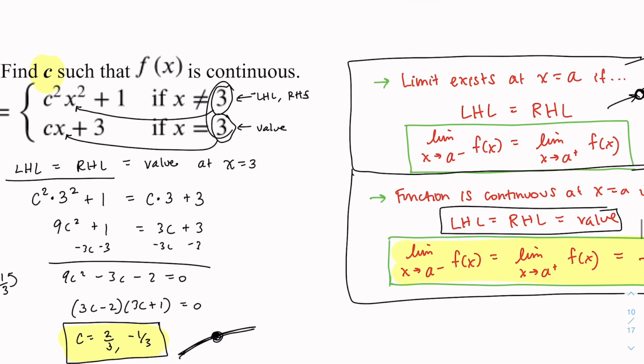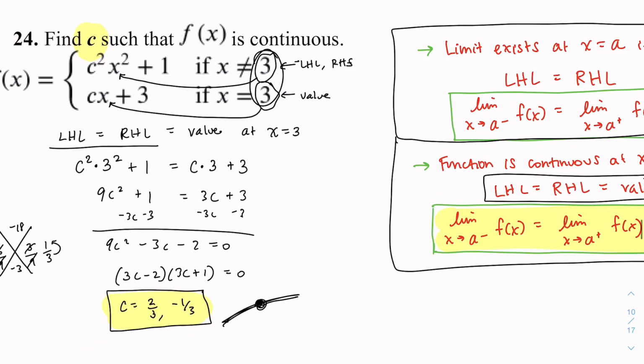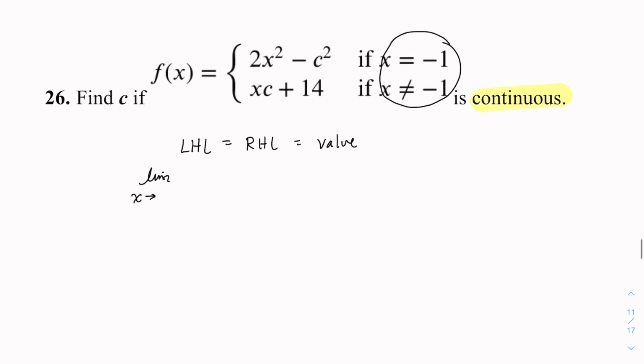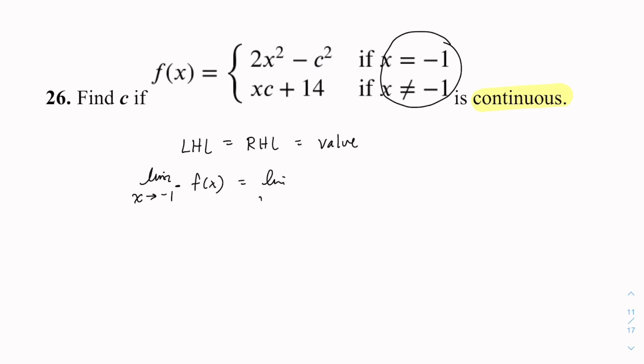So in the last problems it was 3, then it was 3 again. Now we're dealing with -1. So limit as x approaches -1 from the left must equal the limit as x approaches -1 from the right, and that must equal the value at -1. We write that simply f of -1, the value when x is -1.